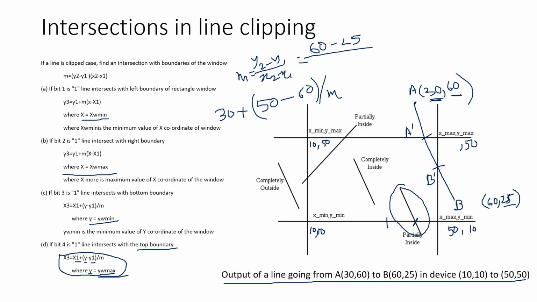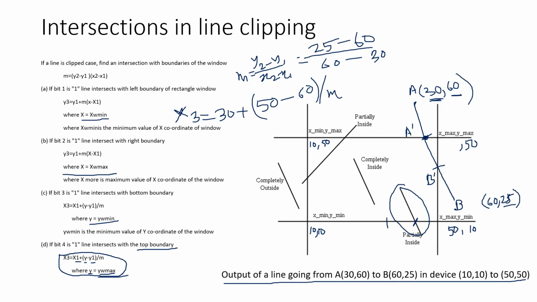This should be 25 minus 60, and the value of x2 is 60 and the value of x1 is 30. So that is how you can get the value of m, and you will get the value of x3 in that case. Okay, so you will get the value what is over here.